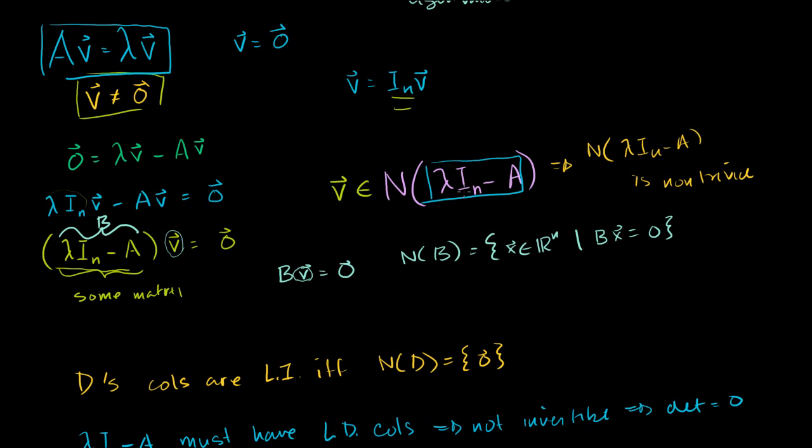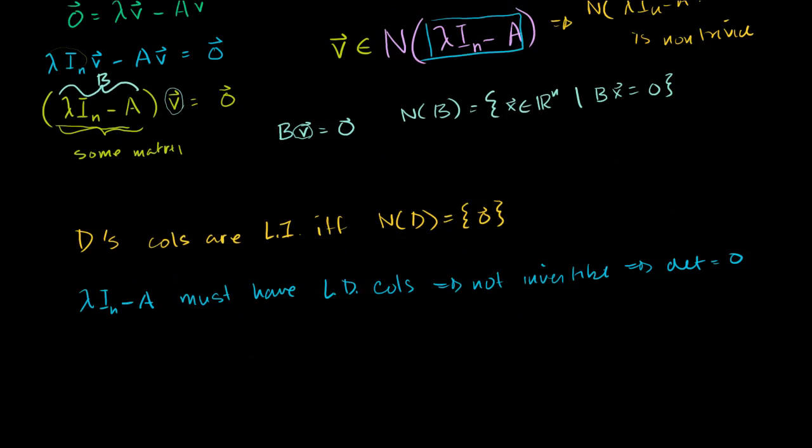And it goes the other way. If there's some lambdas that make this guy have a determinant of 0, then those lambdas are going to satisfy this equation. And you can go the other way.